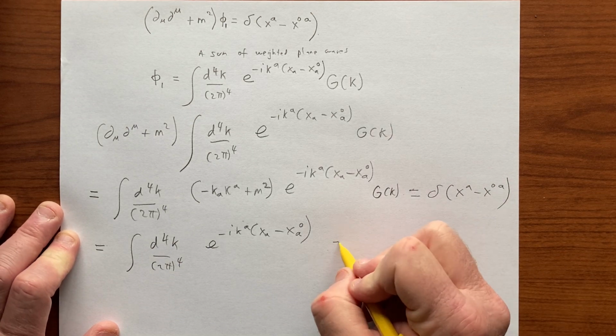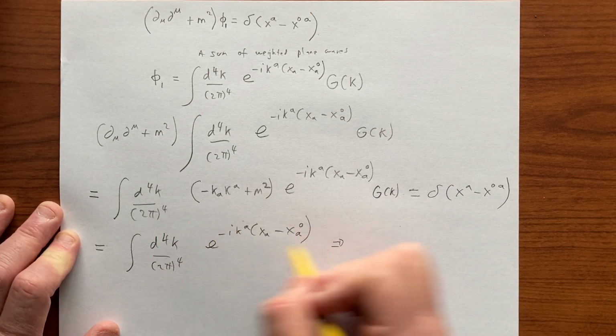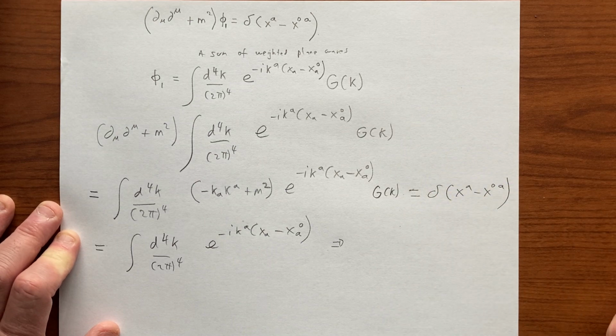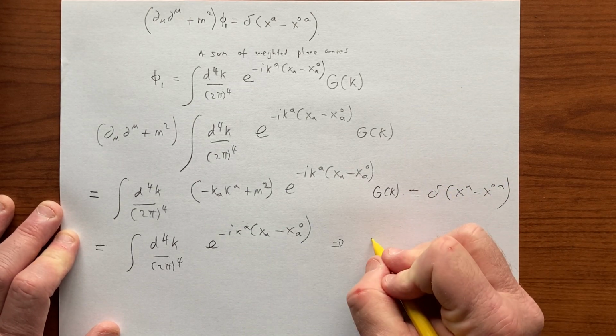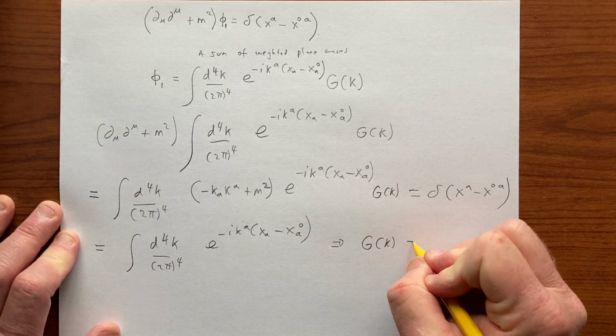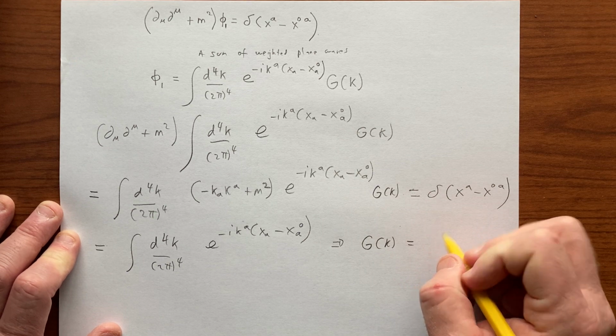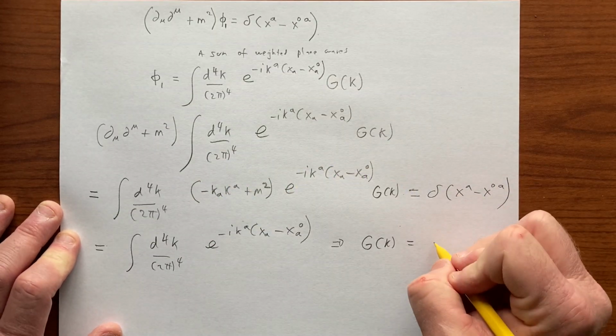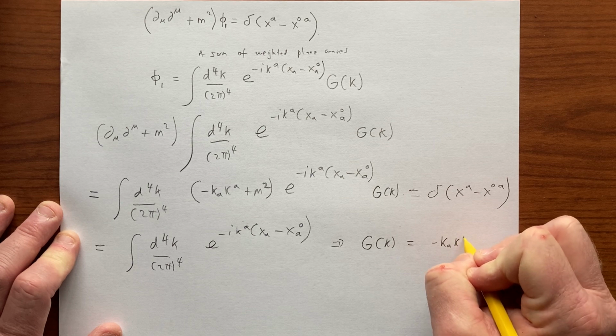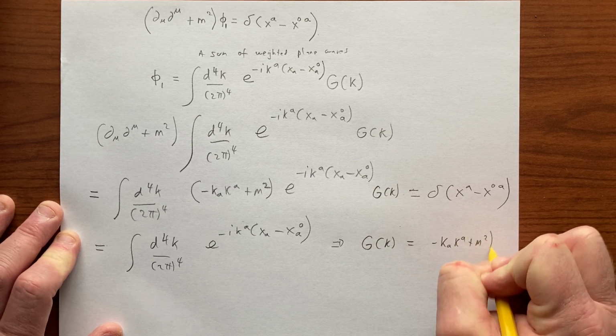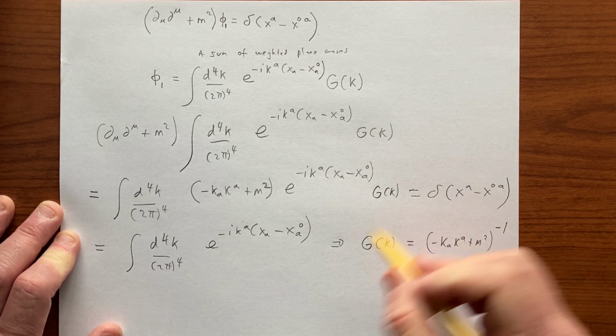And therefore it follows that given that this is a representation for this, that g of k must be the inverse of this, to cancel this, minus k a plus m squared to the minus 1.